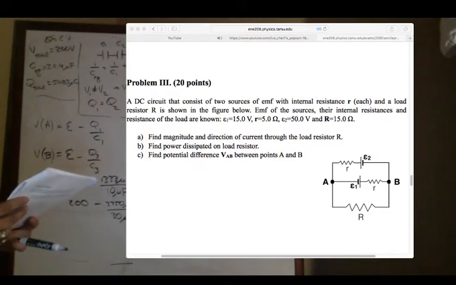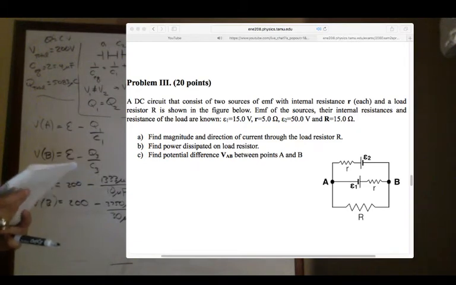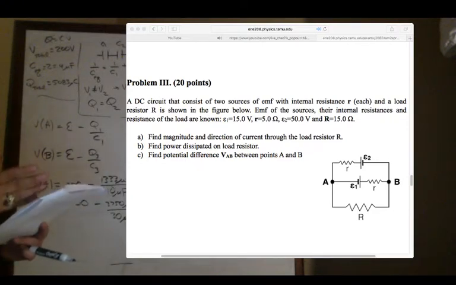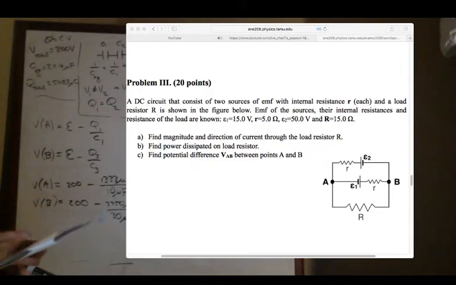The EMF of the sources, their internal resistance, and the resistance of the load is known. We know both batteries, we know all the resistors. Part A, find the magnitude and direction of the current through the load resistor, find the power dissipated through the load resistor, and then once again, find the potential difference between points A and B.